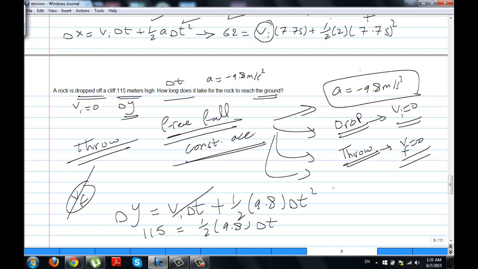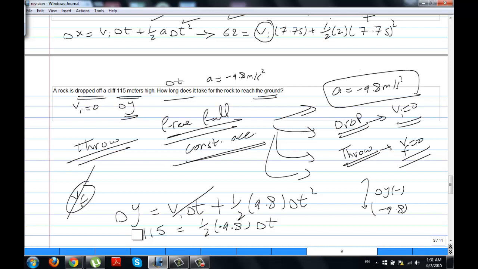Here there is something that you have to take care of. Basically, if you use a negative 9.8, the delta y should be negative, because when you are falling down, delta y is negative. So if this is negative, this should be negative.